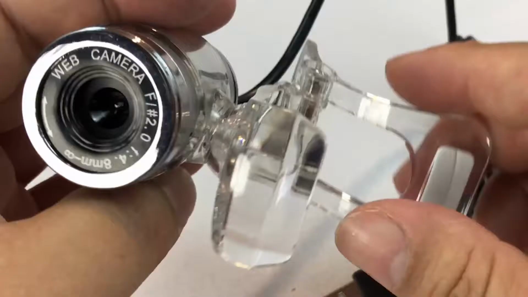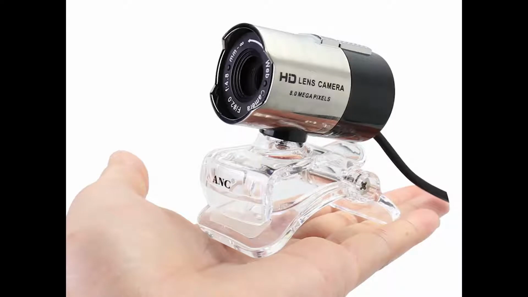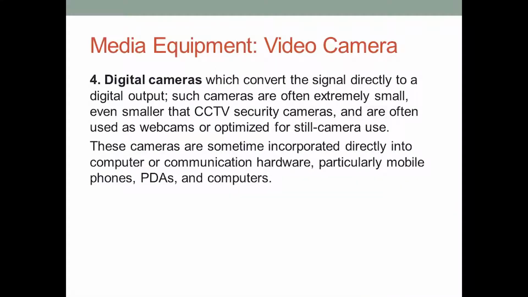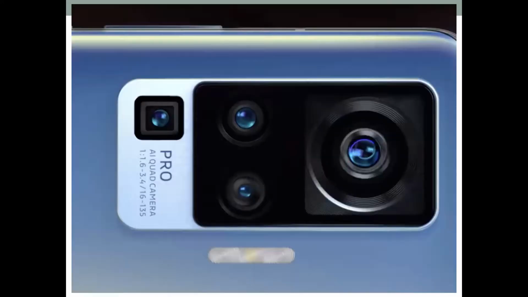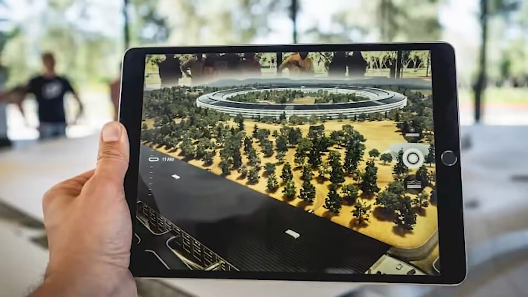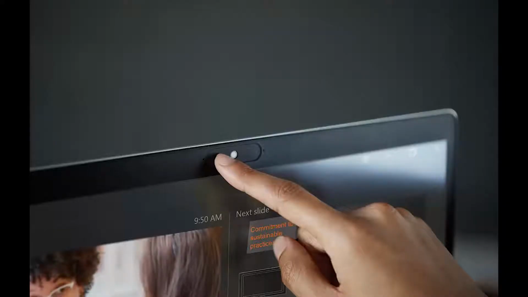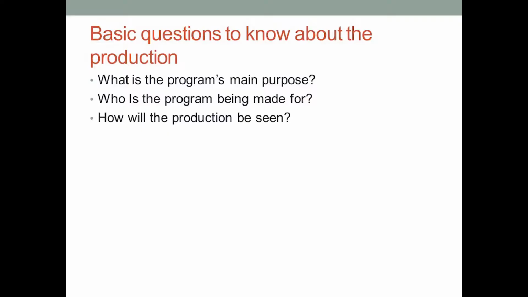Such cameras are often extremely small, even smaller than CCTV security cameras, and are often used as webcams or optimized for still camera use. These cameras are sometimes incorporated directly into computer or communication hardware, particularly mobile phones, PDAs, and computers.